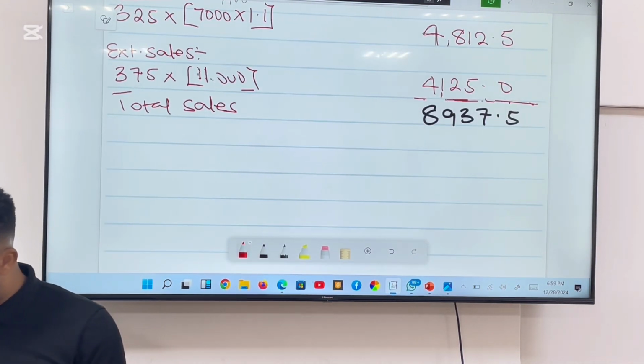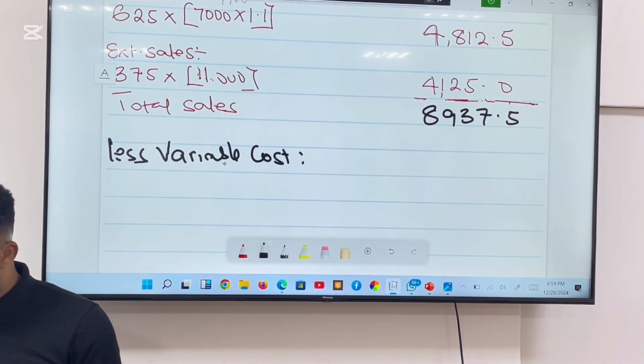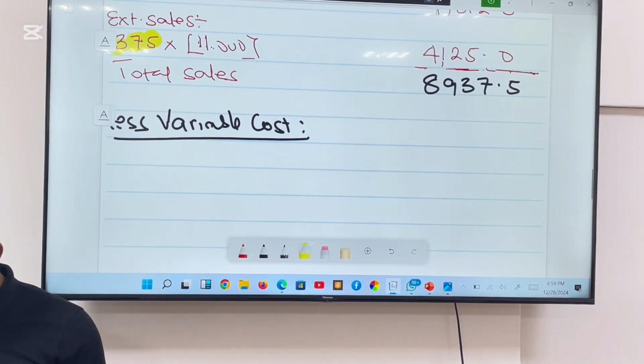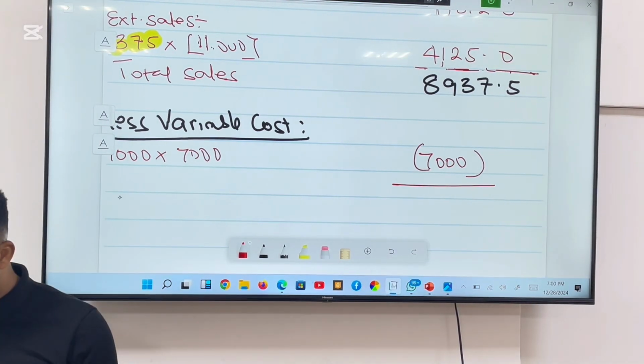So less variable cost. In total we have sold 625 to internal, 375 to external. That's the 1,000 capacity. So I have 1,000 multiplied by the variable cost of 7,000. So this will automatically give me 7,000. If I take this out of this, it will give me contribution.